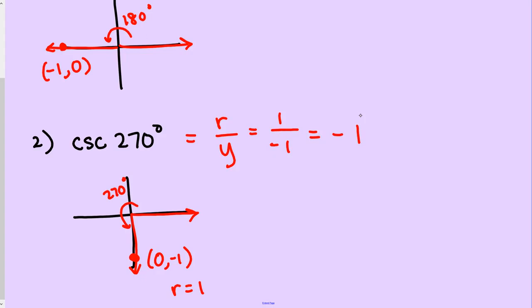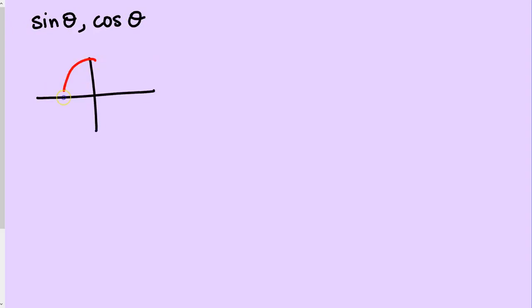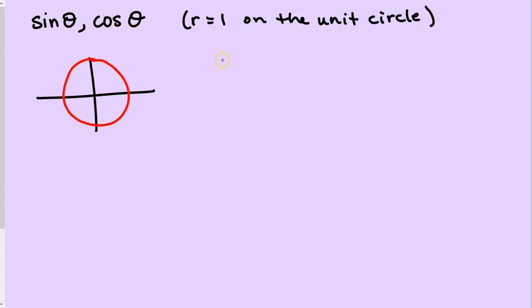Now, by the way, if you ever are asked to find the sine value or the cosine value, and you're using the unit circle, because the value of r is 1, because the sine of an angle is y over r, it's just going to be y on the unit circle.